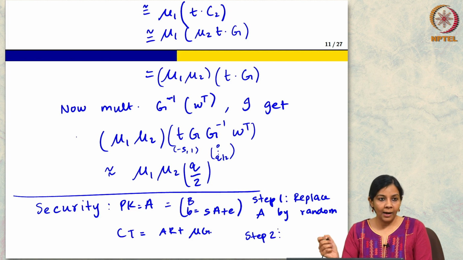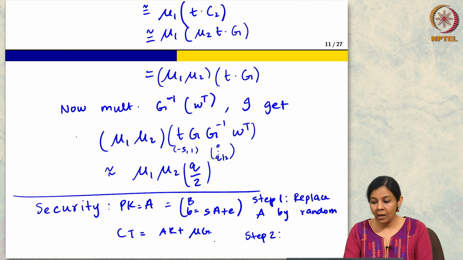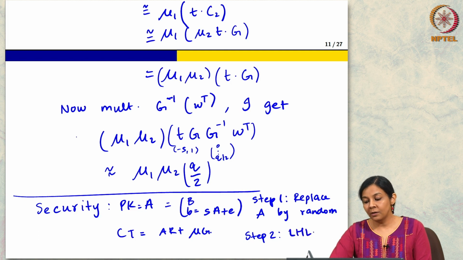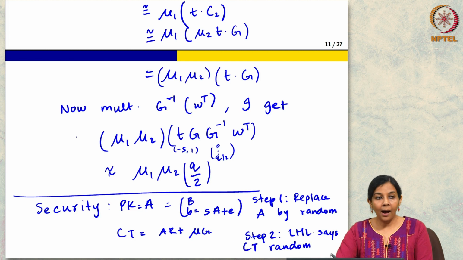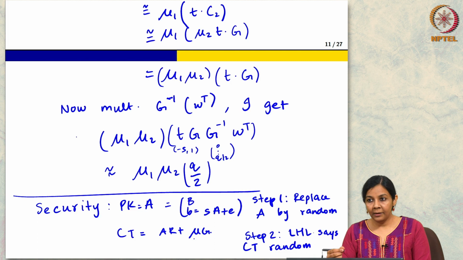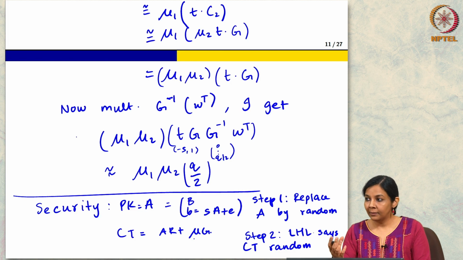B was anyway random. Now, small b, which is the LWE sample, also became random. And now, what is my ciphertext? AR plus mu G. This is why we introduced the leftover hash lemma. By leftover hash lemma, we can say that AR is random, and if AR is random, then AR plus mu G is also random. So, once again AR acts like a one time pad.